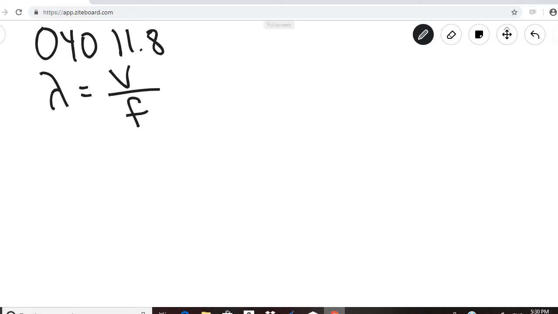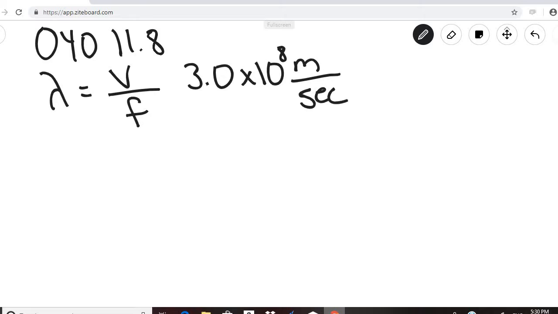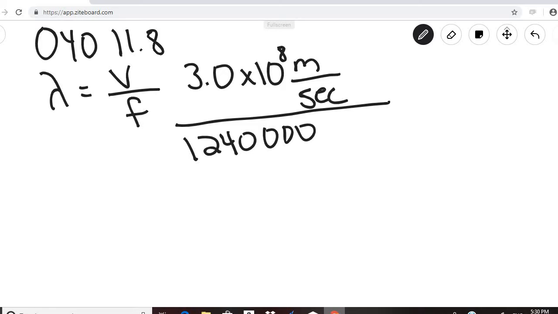Okay, so the velocity for the speed of light is 3.0 times 10 to the 8 meters per second. And frequency we said was 1,240,000 hertz, which is 1 per second.